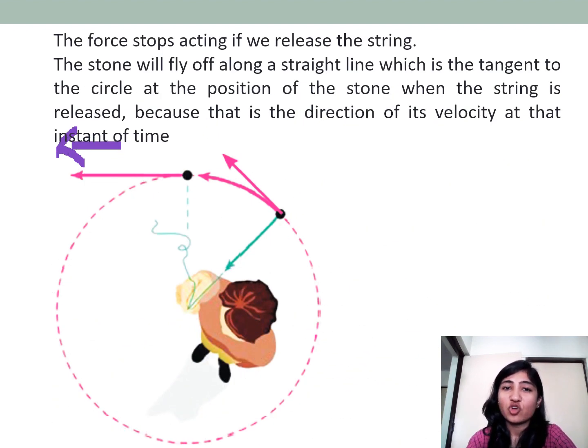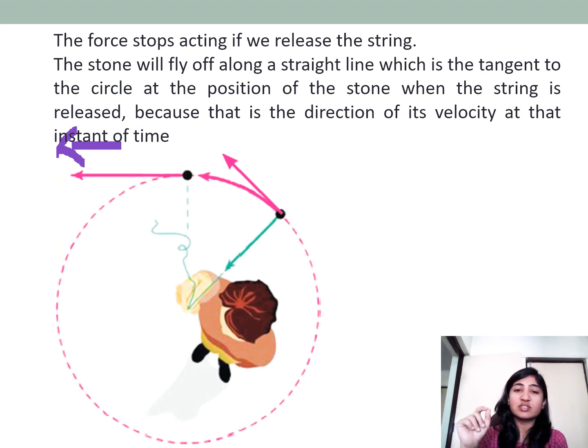So the force stops acting if we release the string. If we release the string, means we are lowering the force, right? And the stone will fly off along a straight line which is tangent to the circle at the position of the object where the string is released, because that is the direction of velocity at that instant of time.